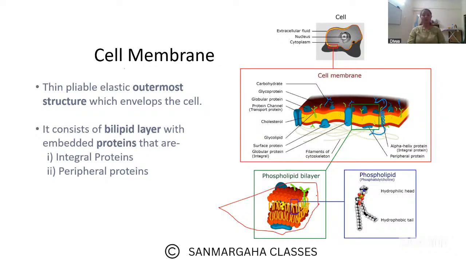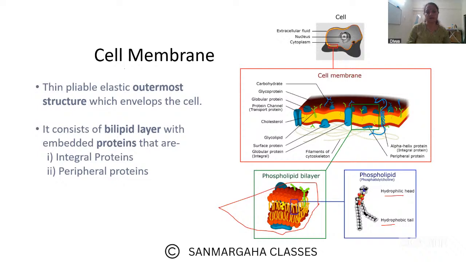It is also the phospholipid bilayer. It is like this. See the hydrophobic tail at one side and the hydrophilic head at the other side. So the cell membrane is made up of a phospholipid layer.